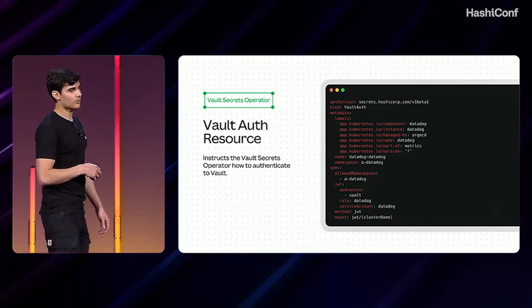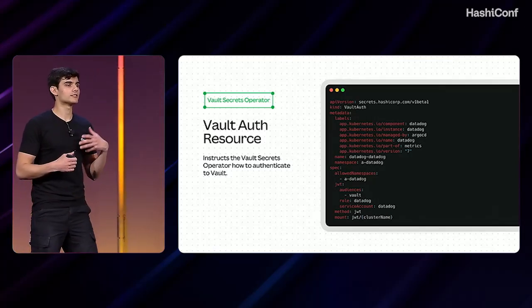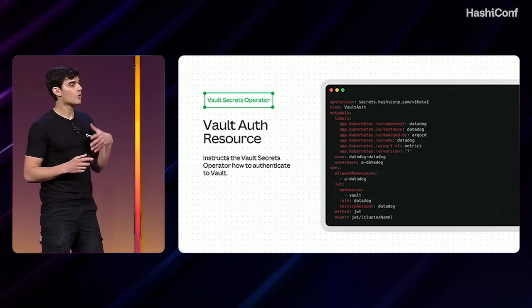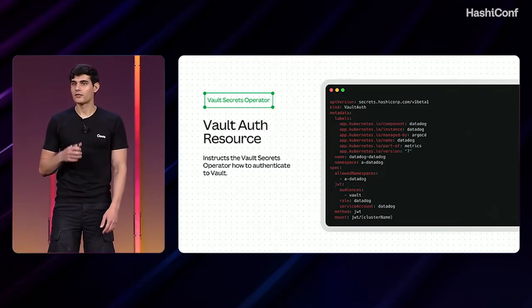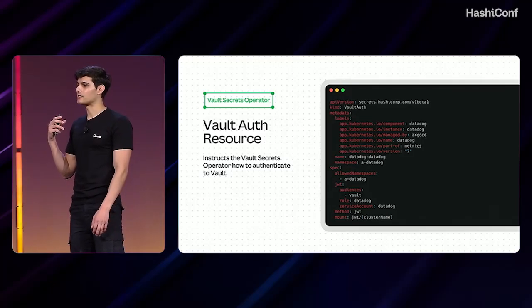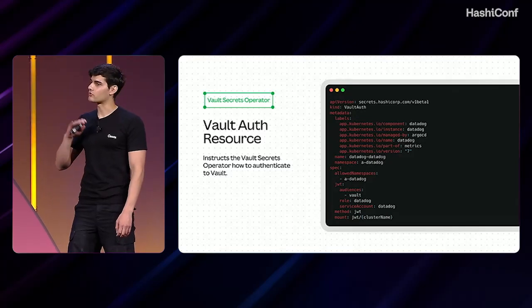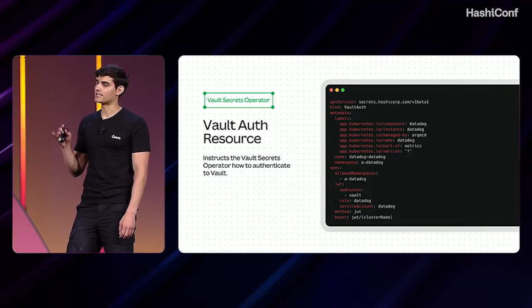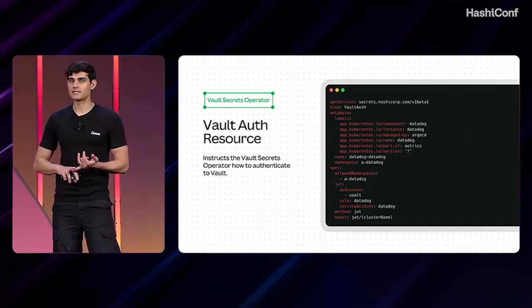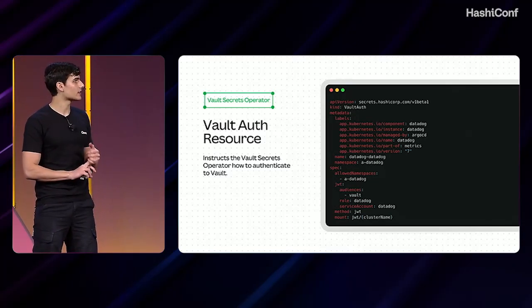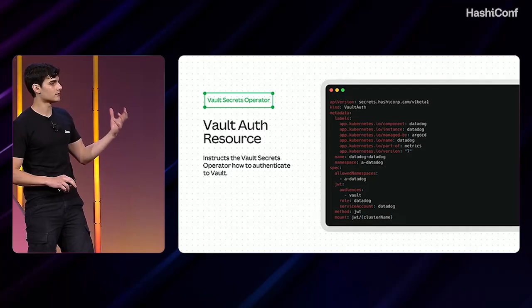As a Kubernetes operator, the Vault secrets operator watches a number of custom resource definitions, so CRDs, which tell it what to do. The first of such CRDs is the Vault auth resource, which instructs VSO how to authenticate to Vault. It contains details of the mount path, Vault role, and Kubernetes service account to use when logging into Vault.